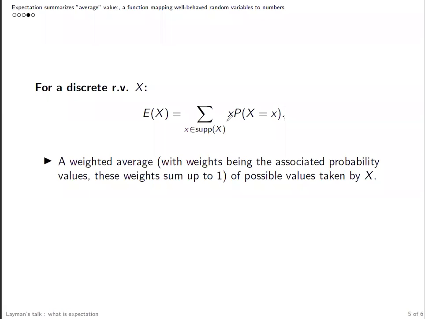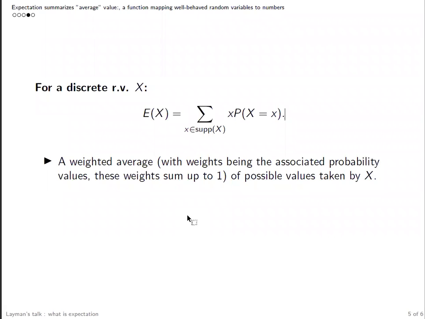So it is the possible values taken by X times the probability of the event that the random variable X equals that value.